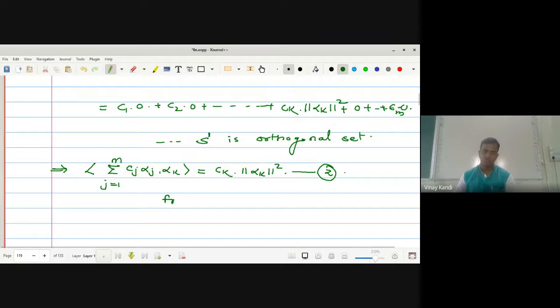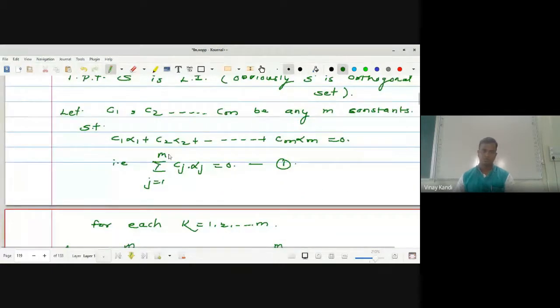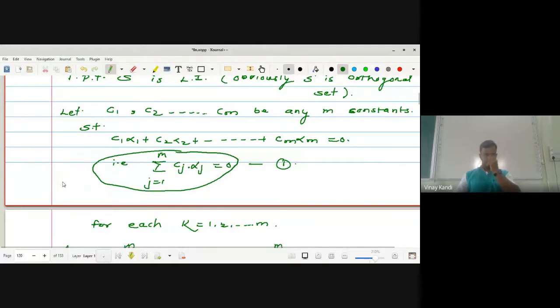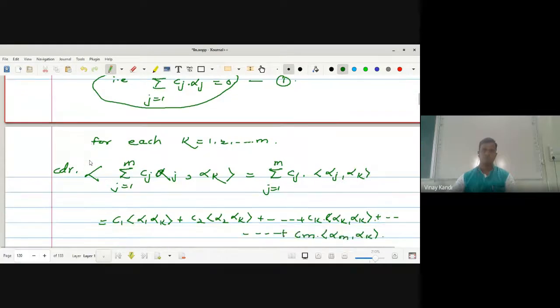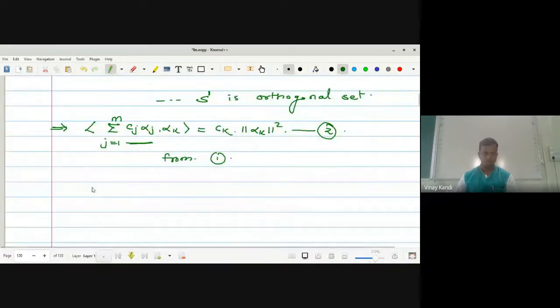So from 1, the value of this one is 0, because we considered the summation to be 0. So 0 with alpha k is equal to Ck into norm square of alpha k. Any doubt?